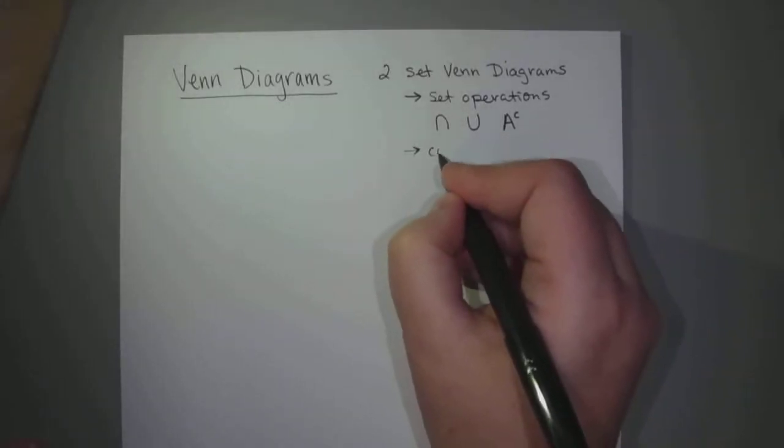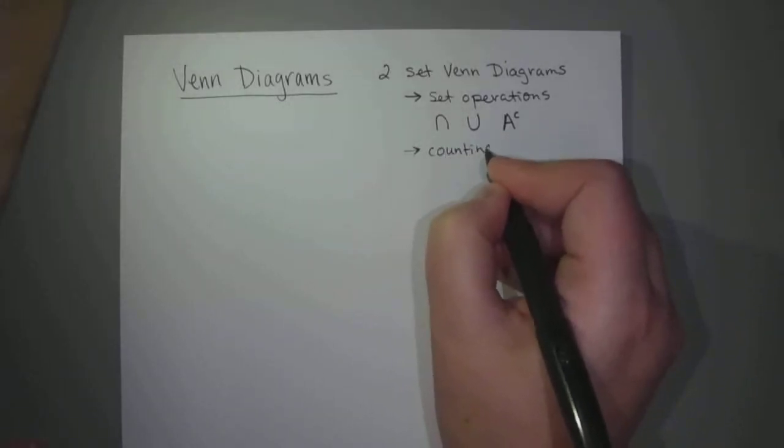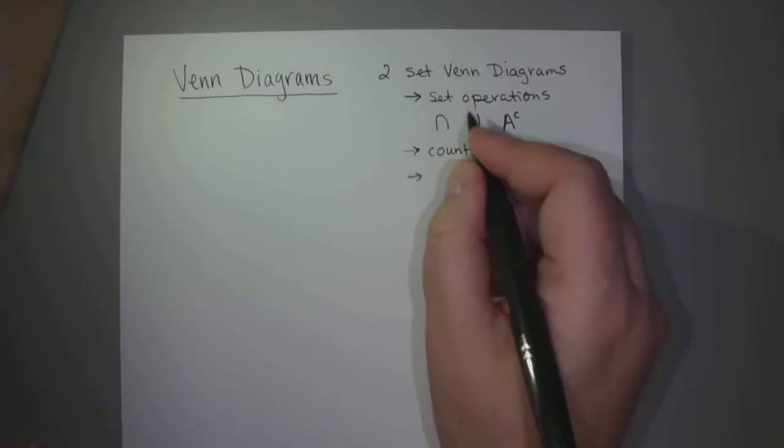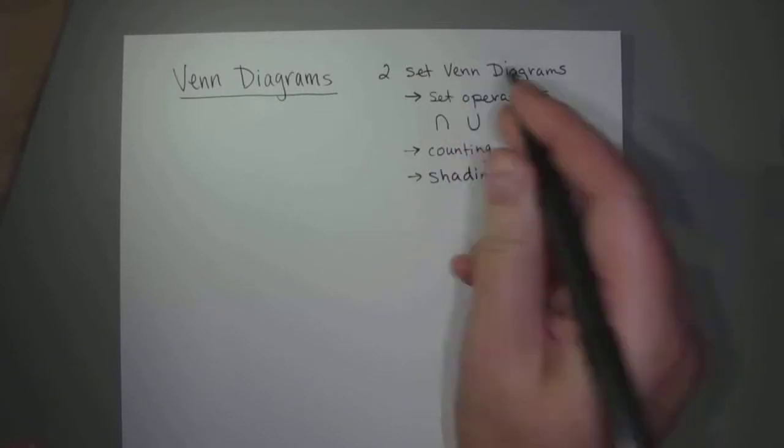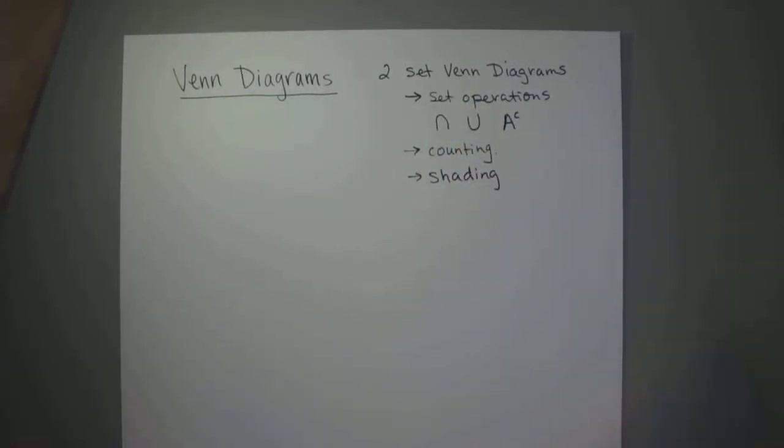And we will see counting. Okay, and in both of these that will involve some shading. And then we'll do the same thing with three set Venn diagrams.